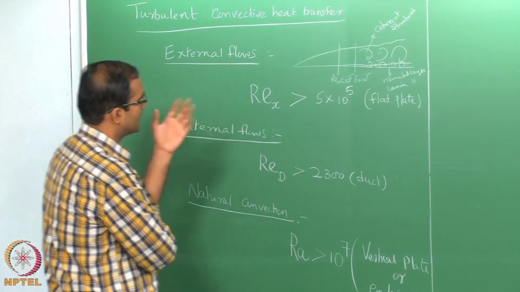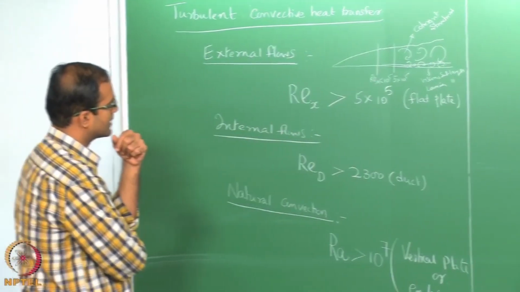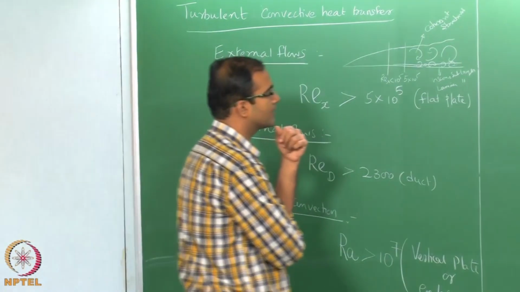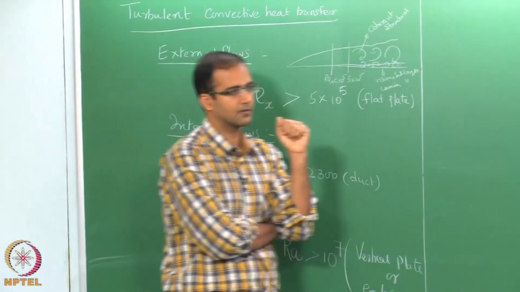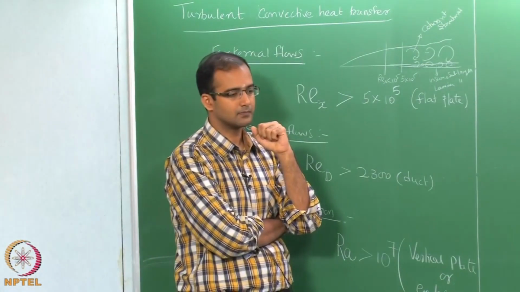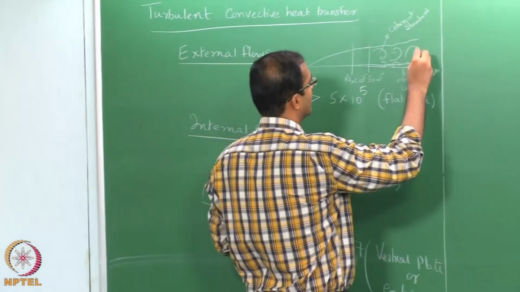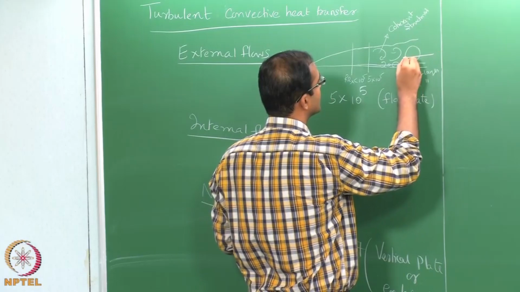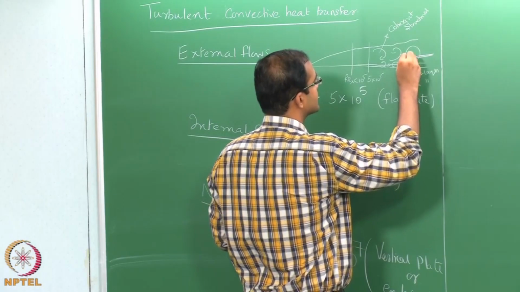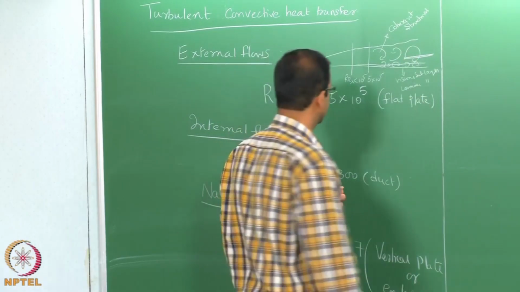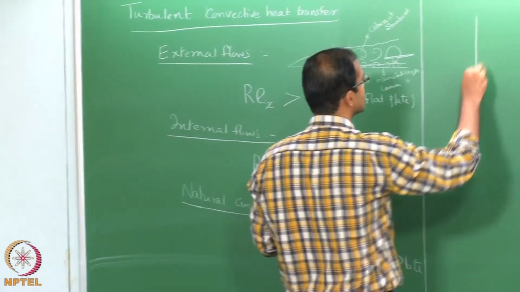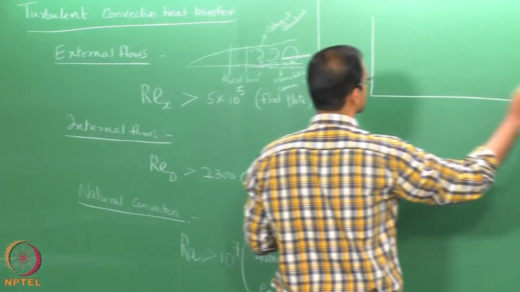Now, how do we capture these different length scales? If you put a probe, for example, let us say a hot wire probe, and try to measure the velocity at a point here, how do you see the variation with respect to time?